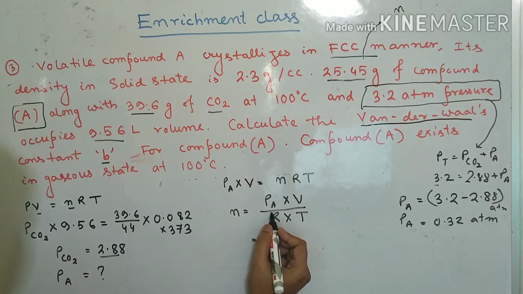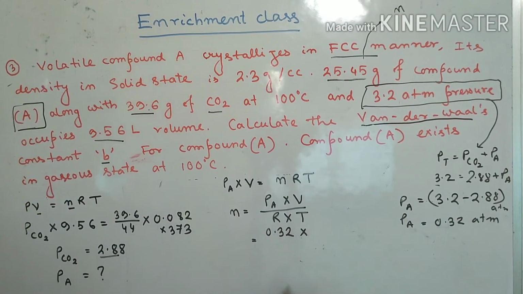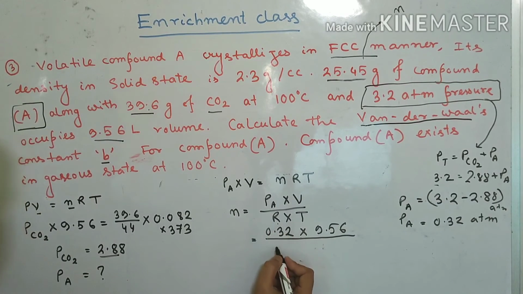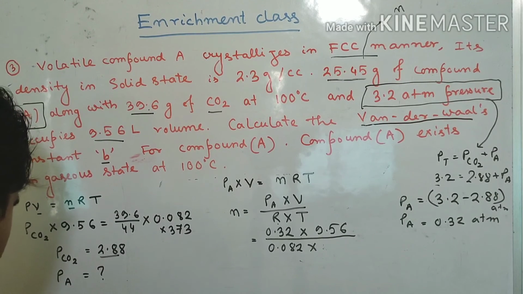PA, partial pressure of A, we have just calculated 0.32 atm, into volume. Volume is how much? In this case, it is 9.56 liter, divided by R. R we know this value already, 0.082. I am not writing the units, you know, the number of moles will be in terms of mole.